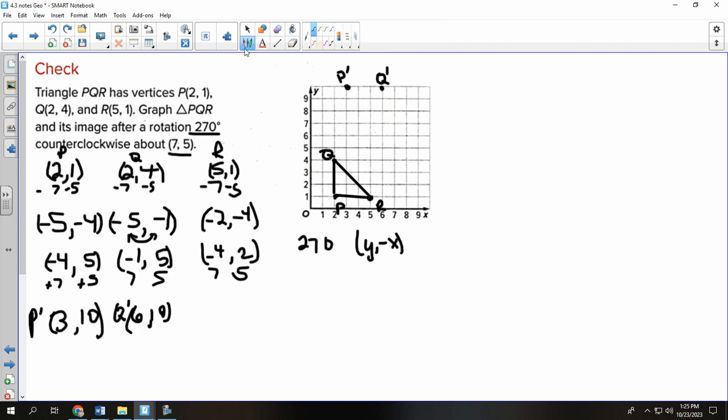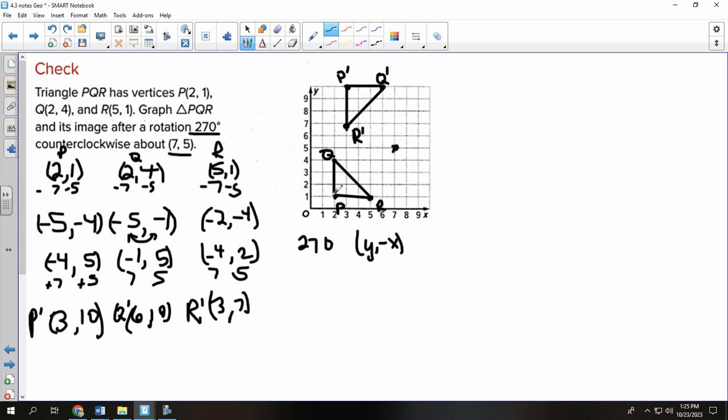And then our new one is going to be at 3, 7. New R, R prime. All right, let's make it a legit triangle. And so what we did was we started at 7, 5.